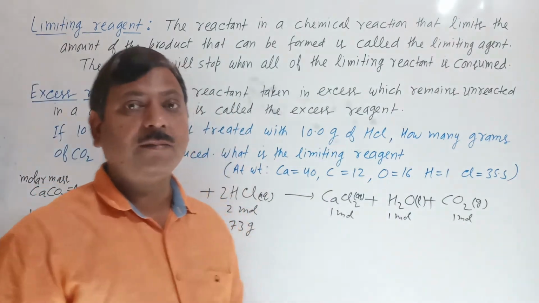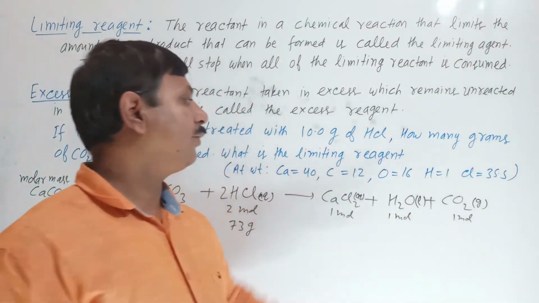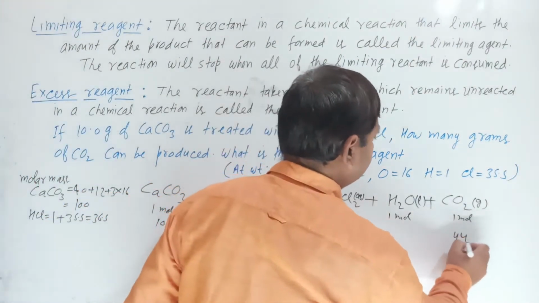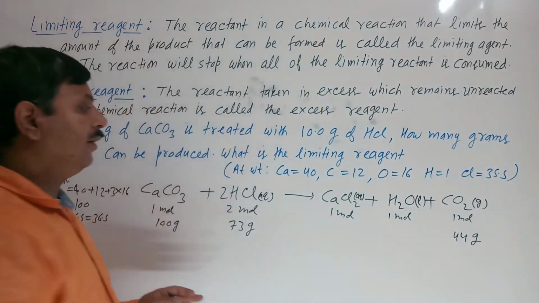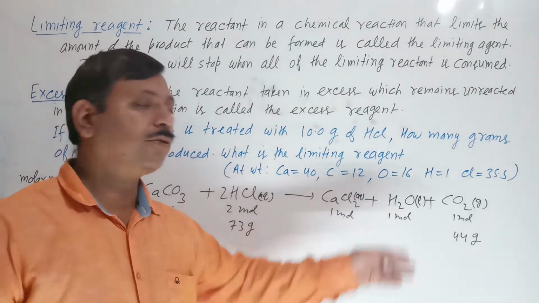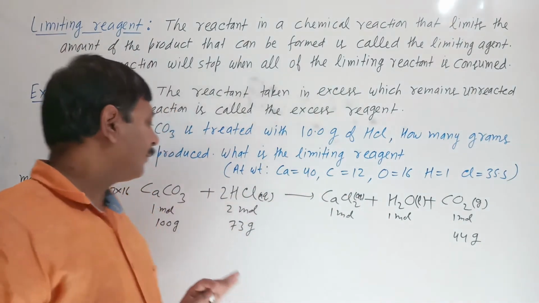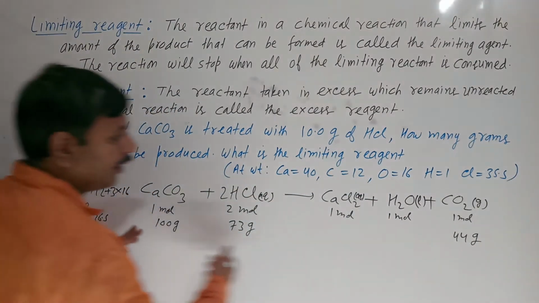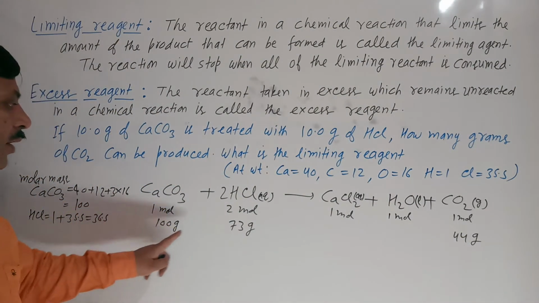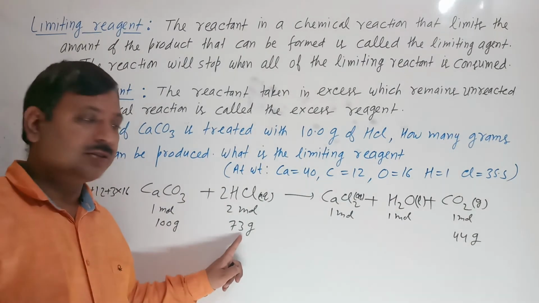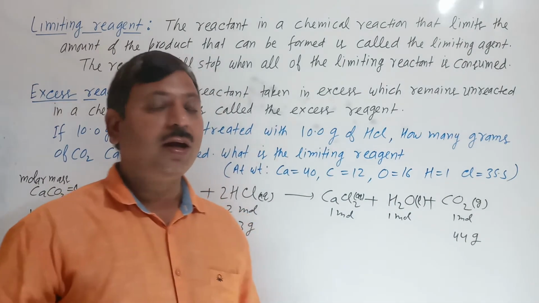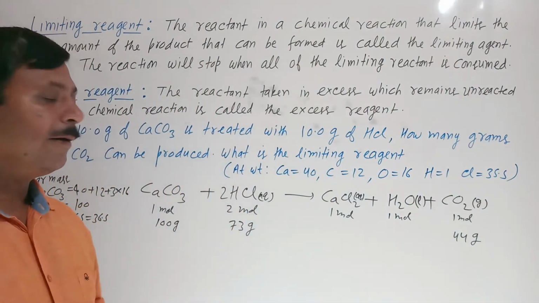So molar mass of carbon dioxide is 12 plus 32, that will be 44 gram. You can see this is the relation. If they want calcium chloride or water, you can also write the molar mass of these. Here one relation we have found: 100 gram of calcium carbonate reacted with 73 gram of HCl, and they will form 44 gram of carbon dioxide.